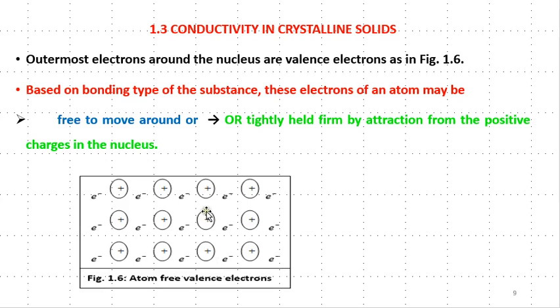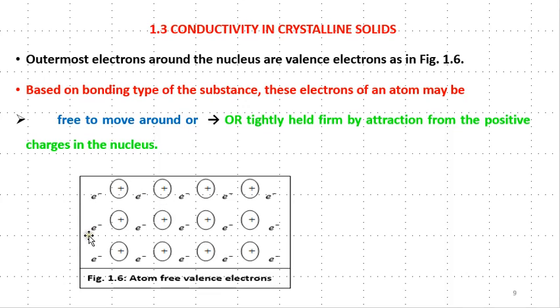If this is a metallic element, all these electrons are free to move around from one atom to another, and for this reason we call them conductors, because we don't need any extra energy to detach electrons from their atoms for conduction to start. But if they are not conductors, if they are like insulators, all these valence electrons are tightly held to their atoms, and therefore they cannot move.